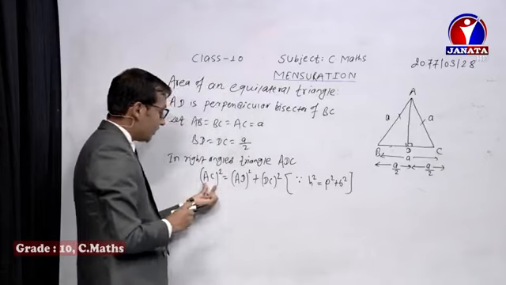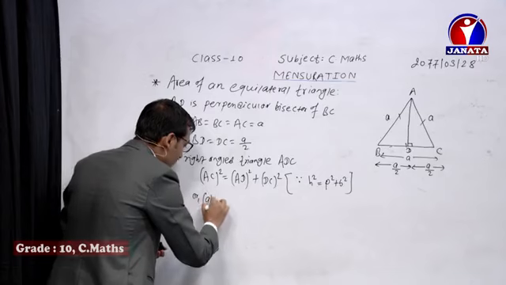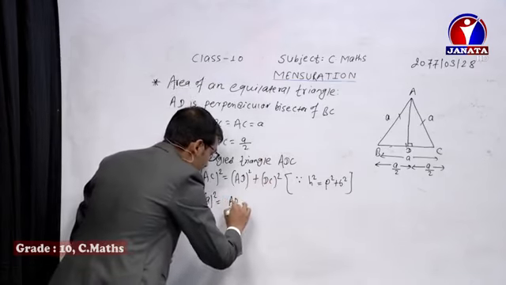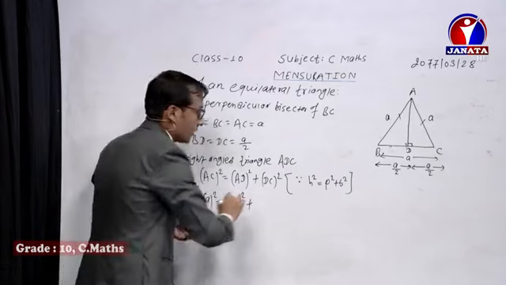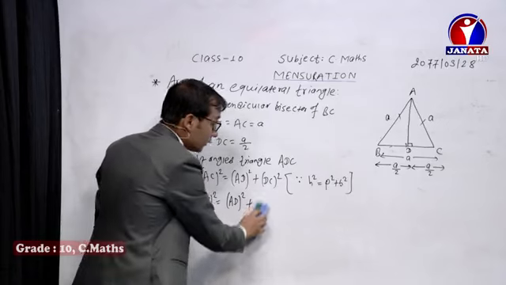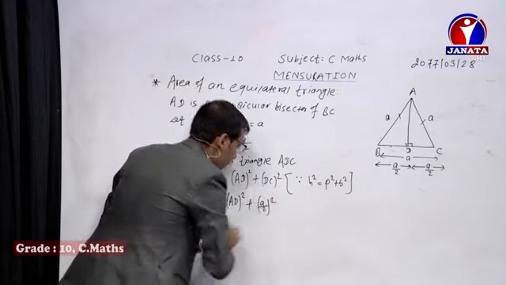Now what is the length of AC? So A square is AD square plus DC square, and we are calculating for AD. What is the length of DC? It's A by 2 whole square.